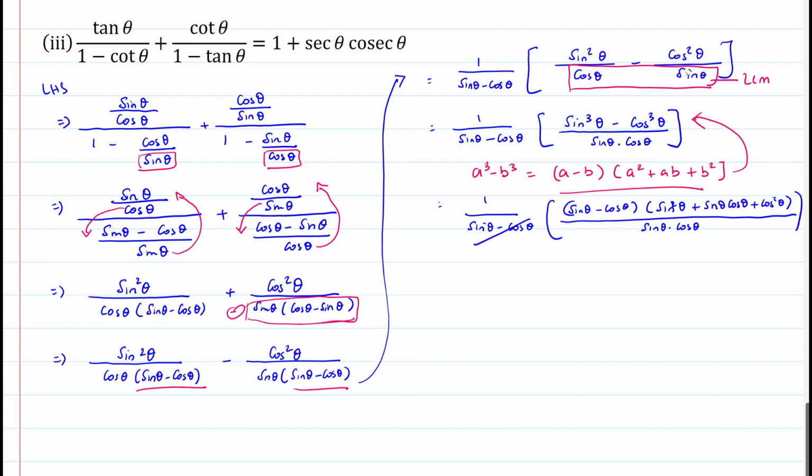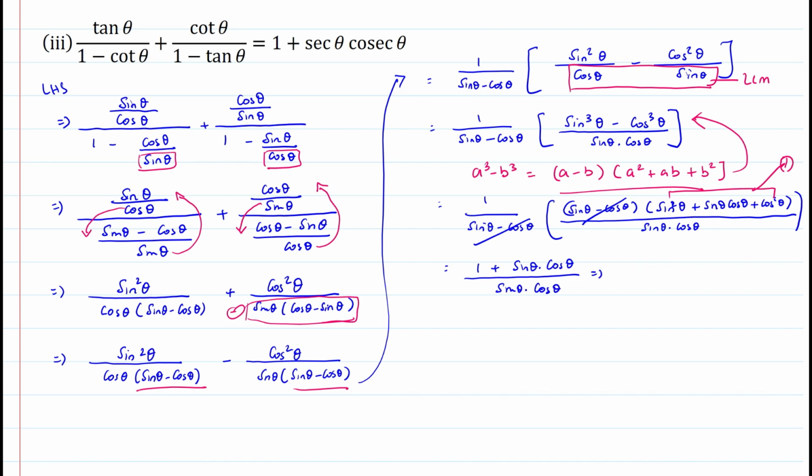Here these two terms will get cancelled, and sin square theta plus cos square theta is equal to 1. Therefore, the next step will be equivalent to 1 plus sin theta into cos theta divided by sin theta into cos theta.